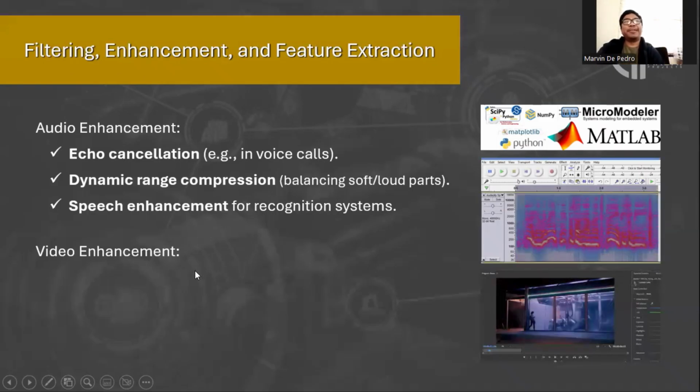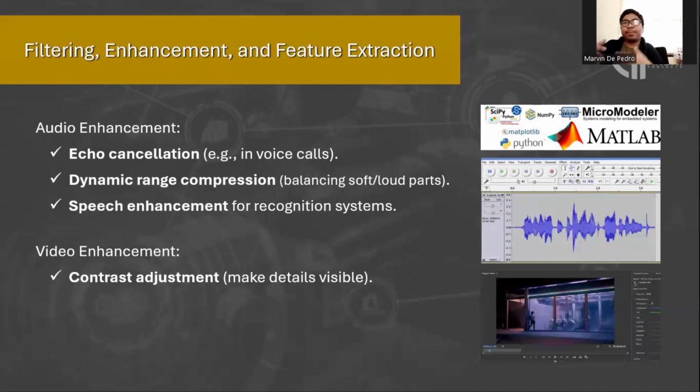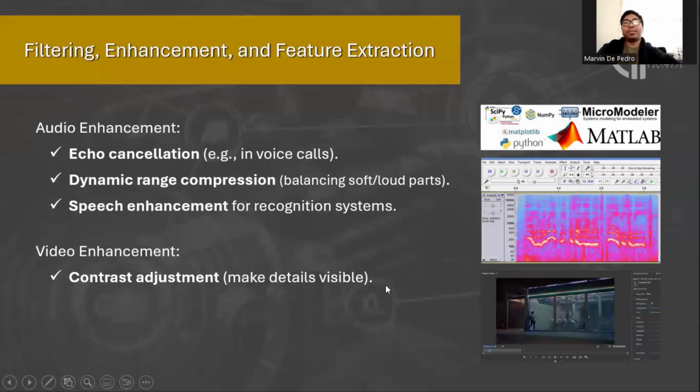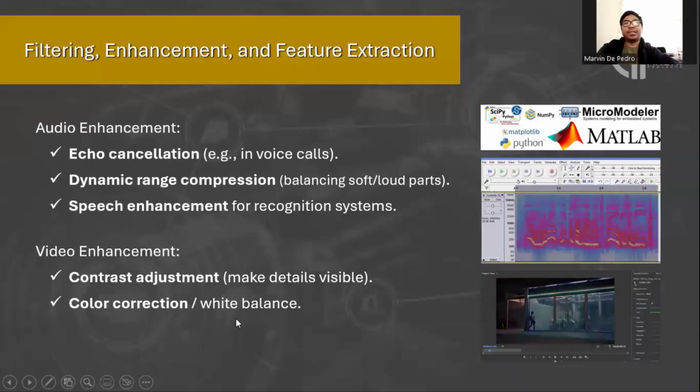Okay. Now, in terms of video enhancement, one of the things that we do is contrast adjustment. Just like dynamic range compression, the comparison between the darkest and the lightest pixels is narrowed down or widened, so that our goal is to make the details more visible rather than less visible. Also, we can do color correction and white balance, especially with the help of histograms.